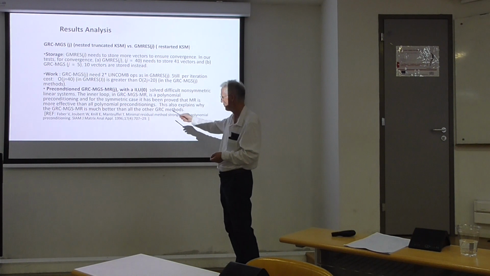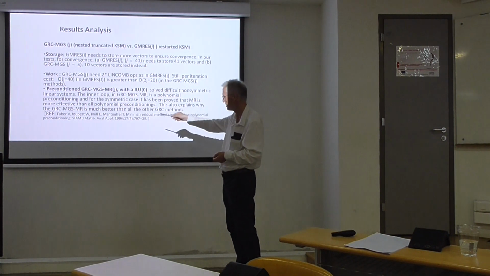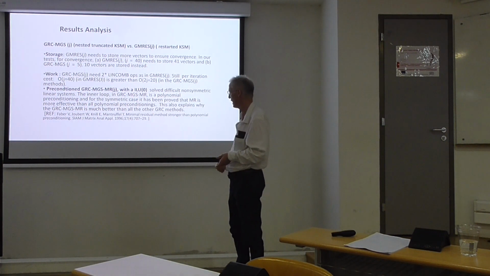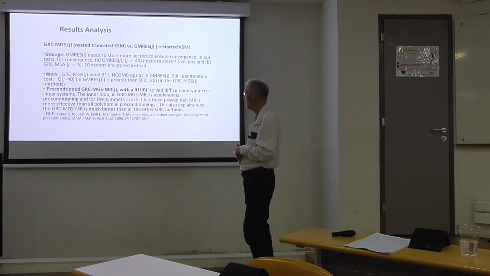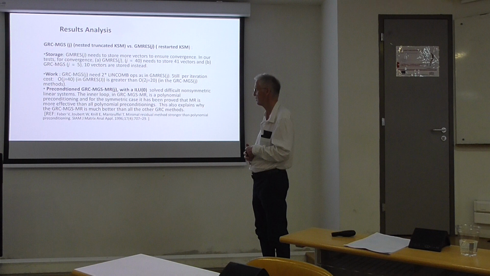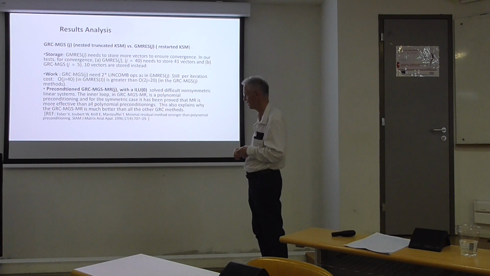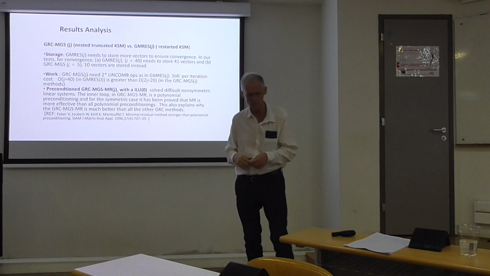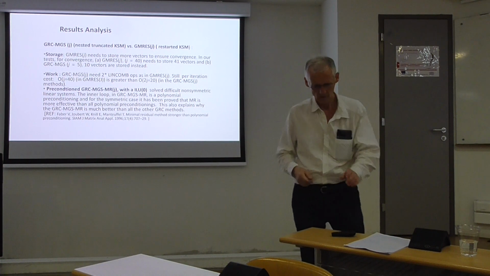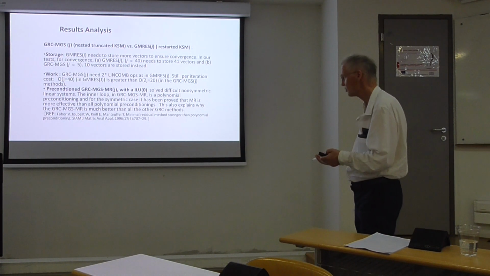From theory, there is a paper that says that for the symmetric case, and we're dealing with the non-symmetric case, MR is the most effective of all polynomial preconditioning. This also explains why GRC MGS MR is much better than all the other GRC methods. So there is a theoretical background for that.